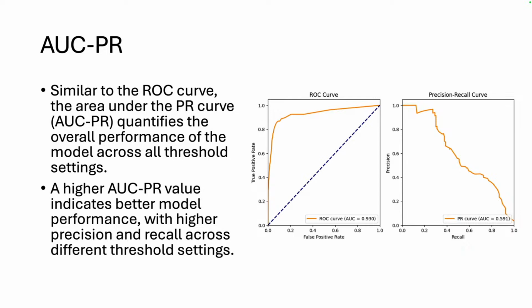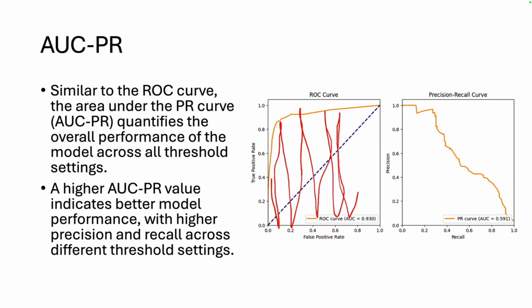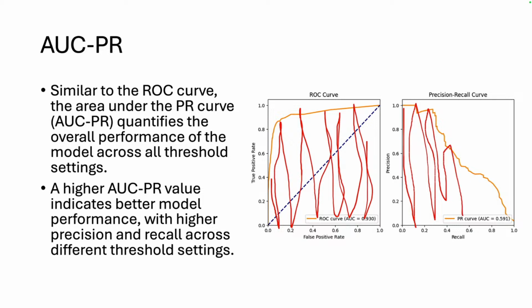So similar to the ROC curve, we can also take the area under the curve, the AUC. The AUC would be the area under this curve, and we can see that it's 0.930. And for the other one, we can see that this is 0.591.